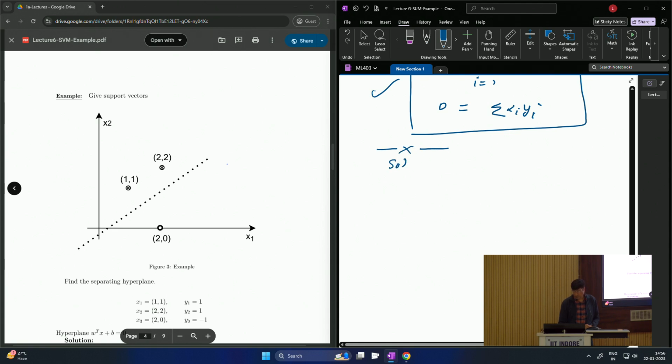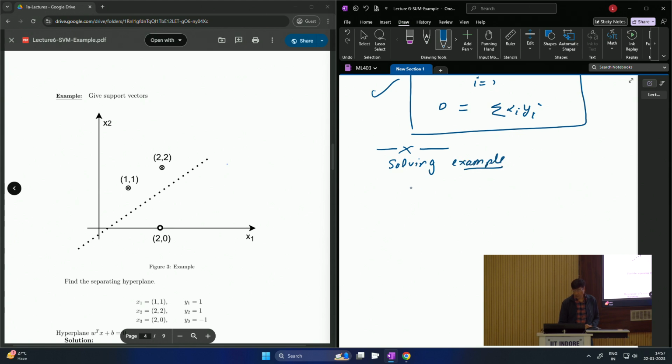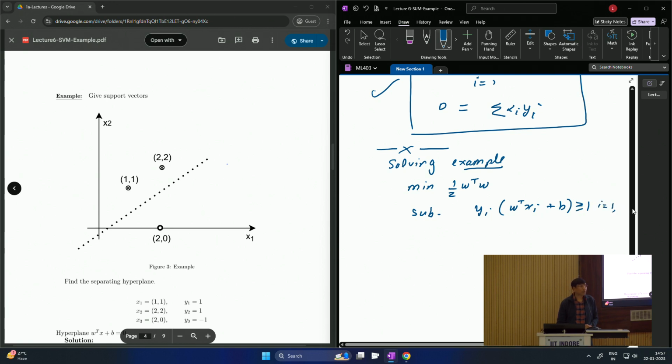So we are solving the example. Your original problem is minimize half of W transpose W subject to yi times (W transpose xi plus b) greater than or equal to 1 for i going from 1 to how many i's? 3, right?